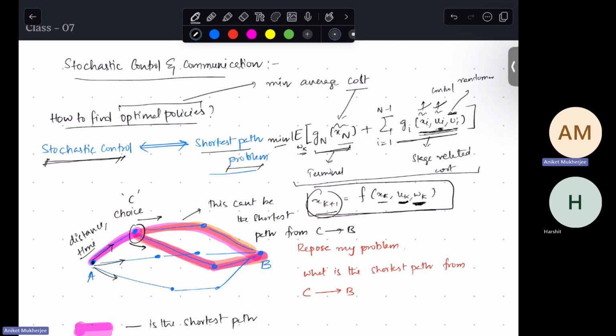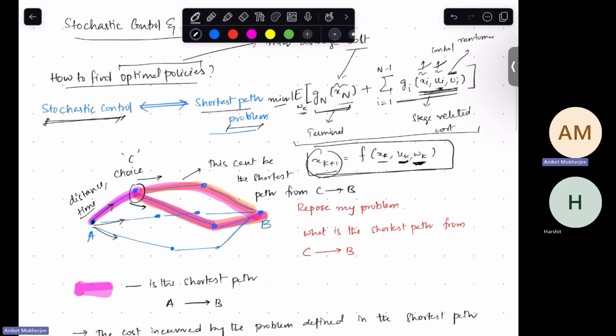So you're trying to minimize this average cost, and now this is your stochastic control. You have to minimize your cost of this form such that your dynamics are this.